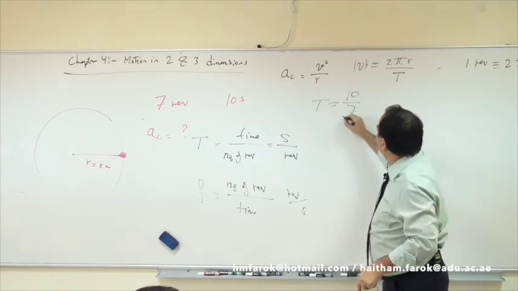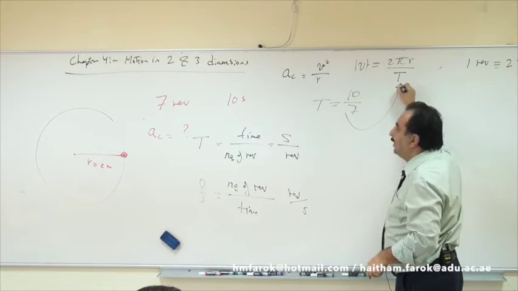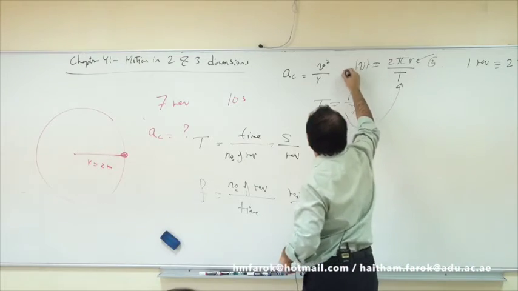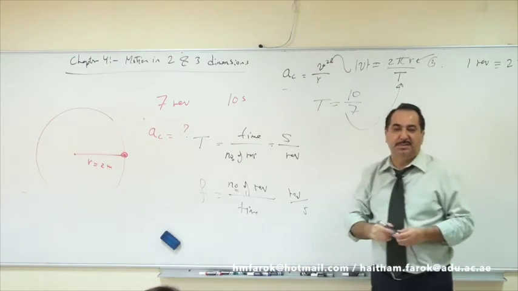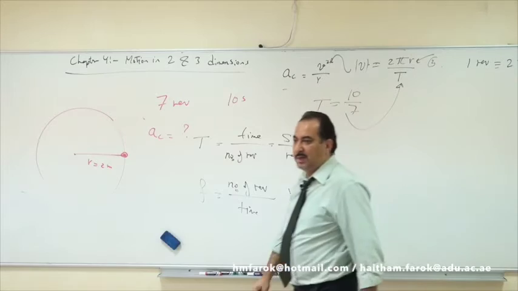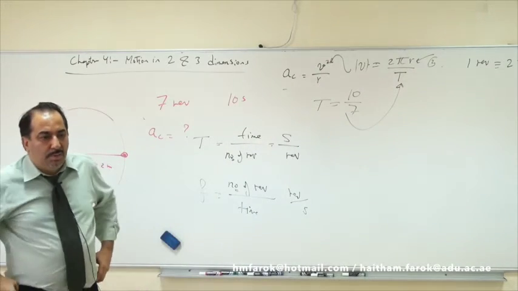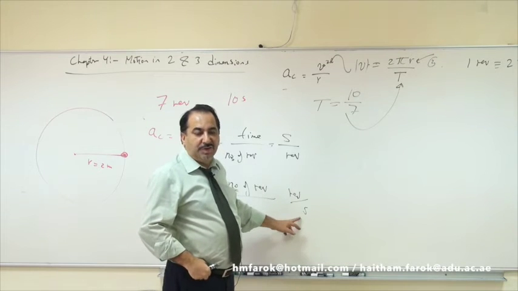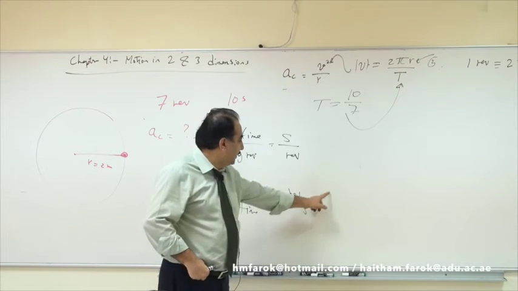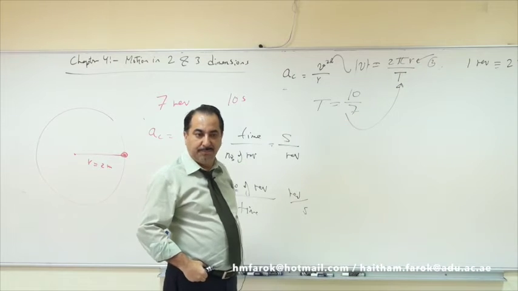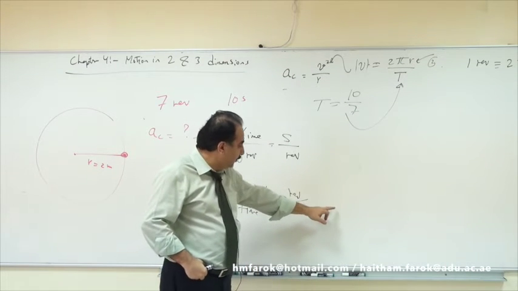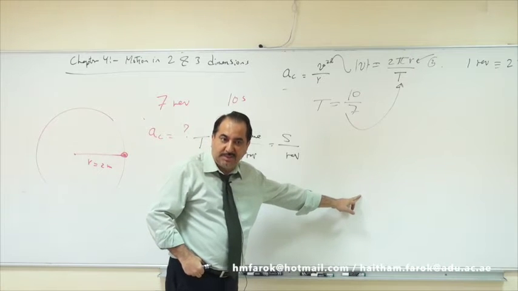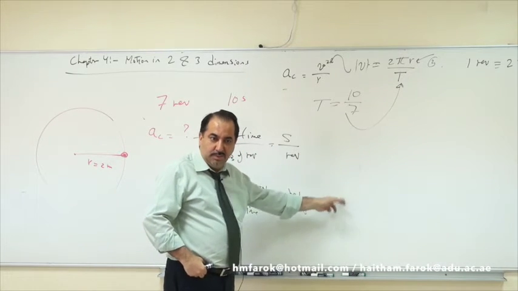Once you find the period, substitute here, with the radius, and you find V. Once you find V, put it here and you find AC. If you find revolutions per second, you have to change it to speed by multiplying by the conversion factor. So put one revolution down, 2 pi r in meters or centimeters, depending, and then cancel them.